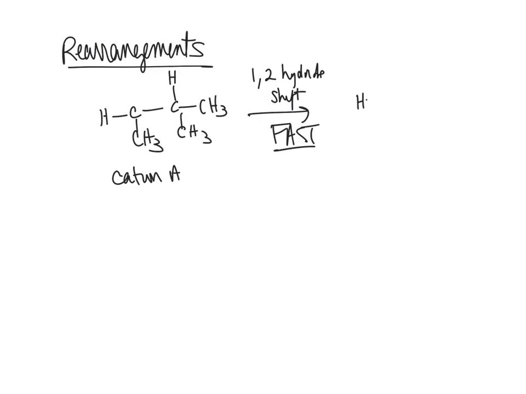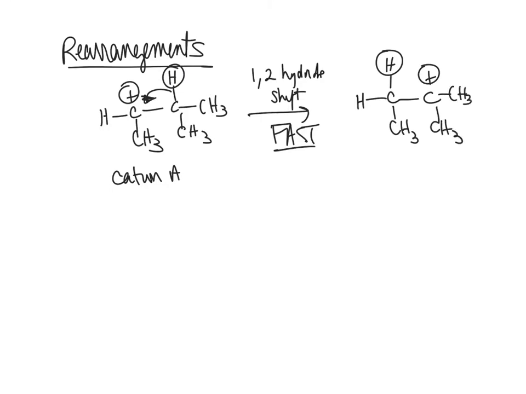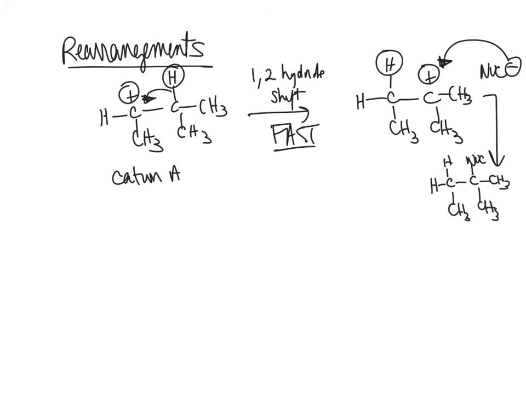Okay, so this is cation B. Anytime a carbocation intermediate forms, rearrangements are possible and do occur.